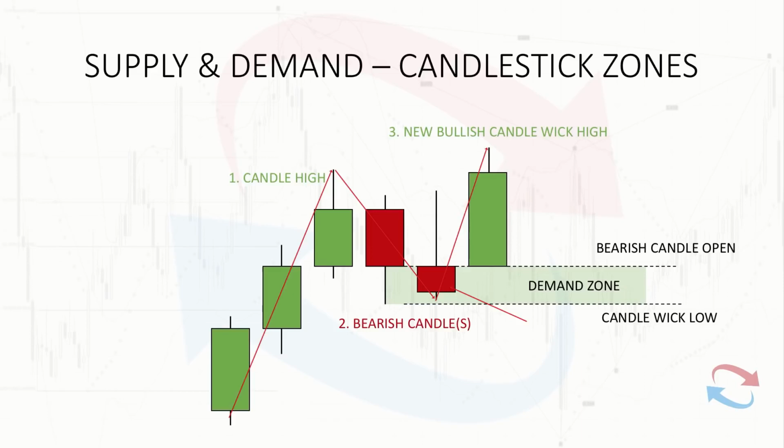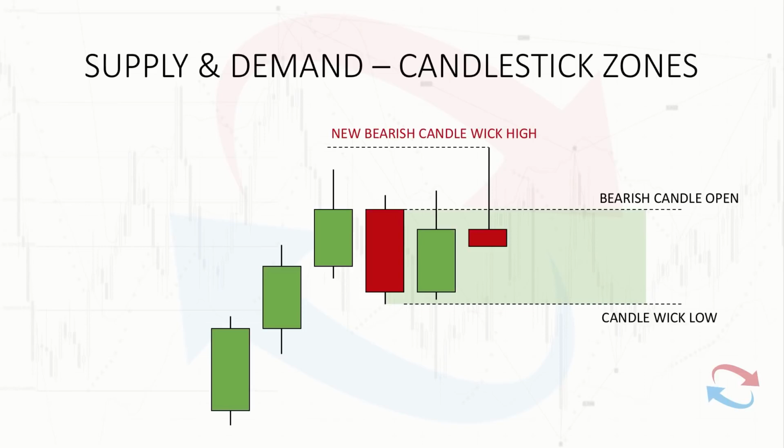So this is the bearish candle's open to the swing low. And again, as long as the bullish candle makes a new high above this candlestick here, it can be either a wick higher or a close higher than that swing, and this is how we would draw our demand zone.